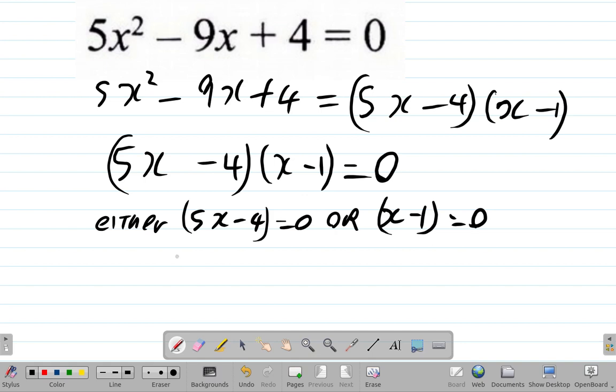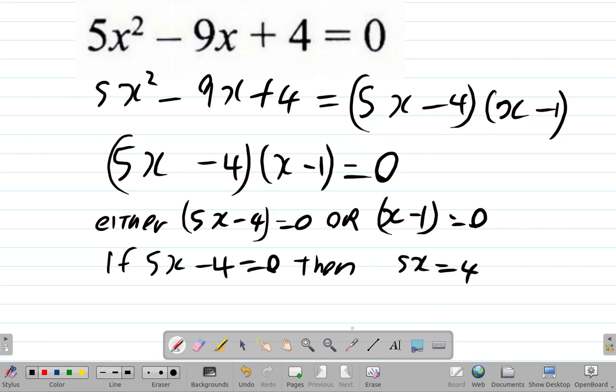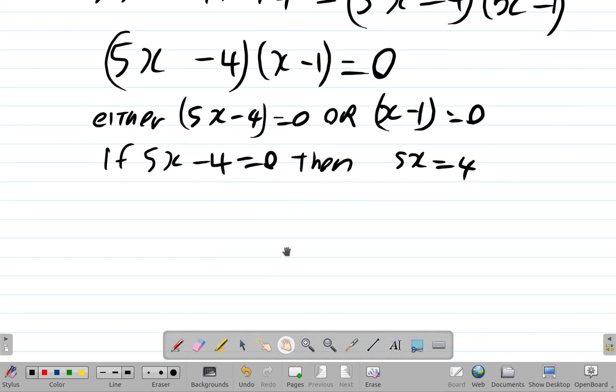5x minus 4 is 0. Now if it is the case that 5x minus 4 is 0, then x would be what? Then what you have is 5x must be equal to 4. Did you do that part? You add 4 to both sides. Remember, you're saying that 5x minus 4 is 0. You want x alone equal.